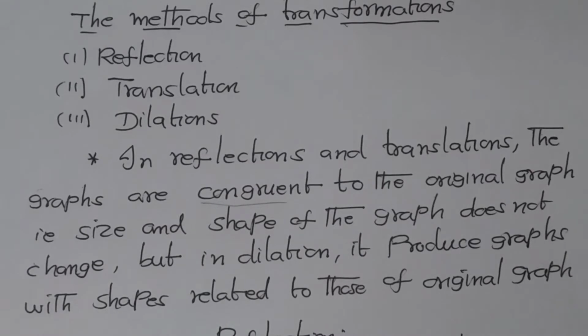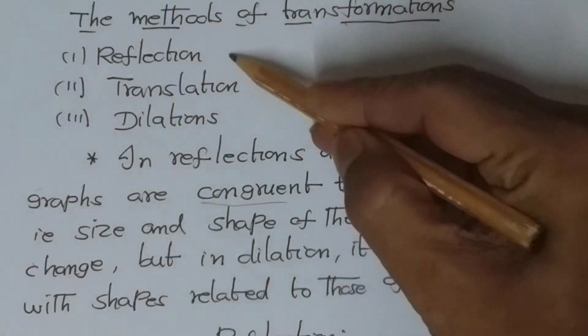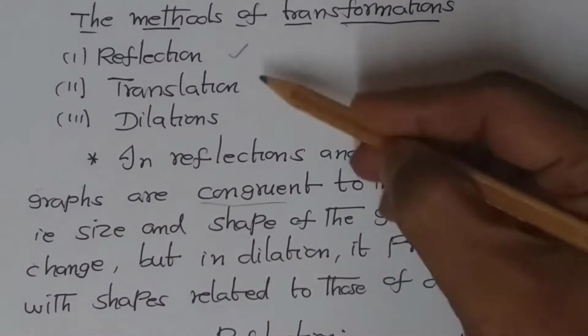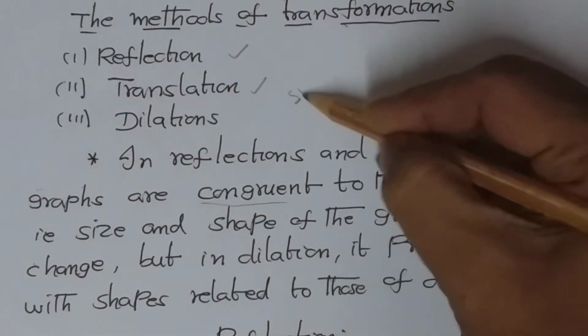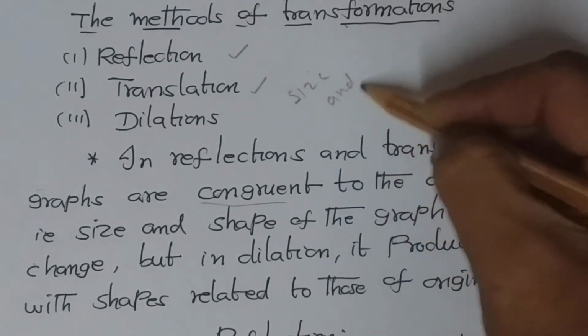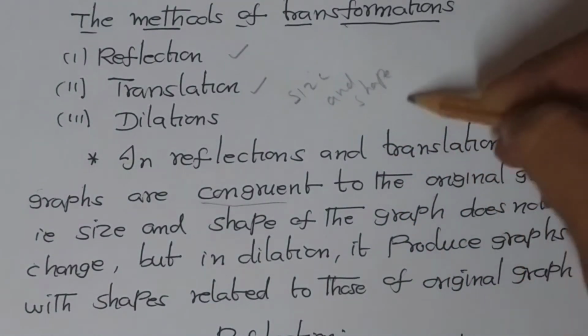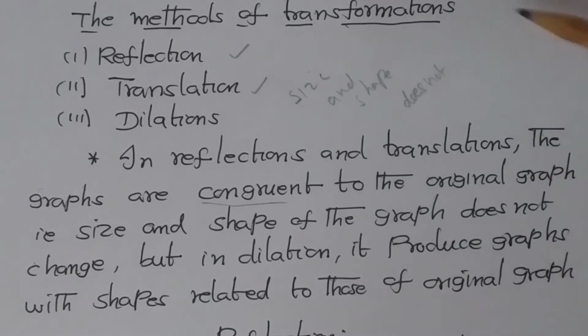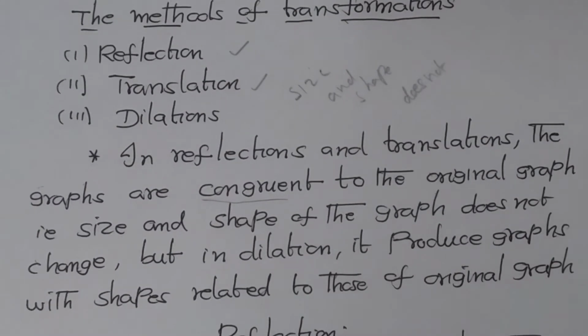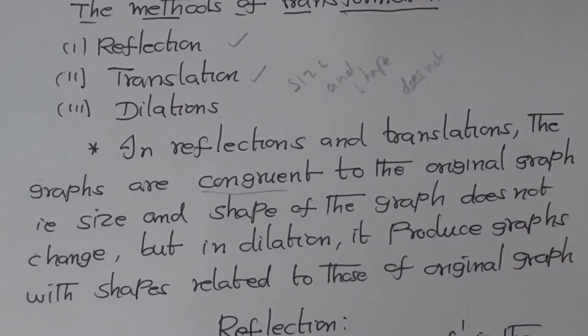Size and shape of the graph does not change. So even in reflection and translation, size and shape does not change. That's why they are called congruent. So if you use the methods of reflection or translation, the size and shape does not change.